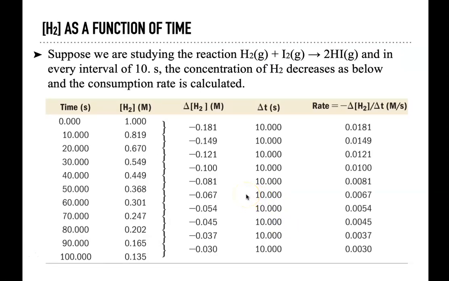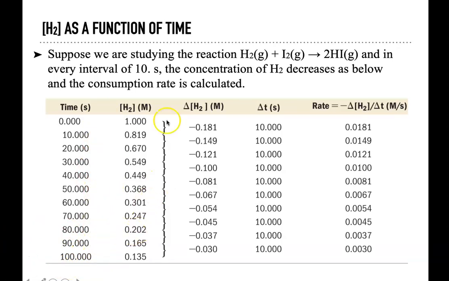Now, in order to figure out kinetics, the concentration of reactant or product is monitored over time. Suppose the same gas phase reaction, hydrogen gas reacting with iodine gas to produce hydrogen iodide. We study this for a period of 100 seconds in time intervals of 10 seconds.